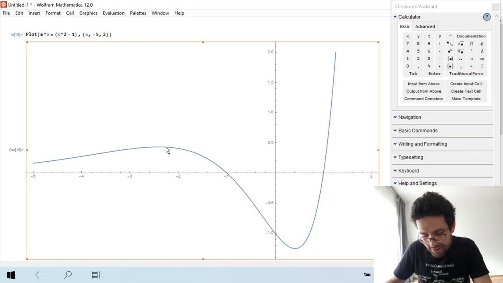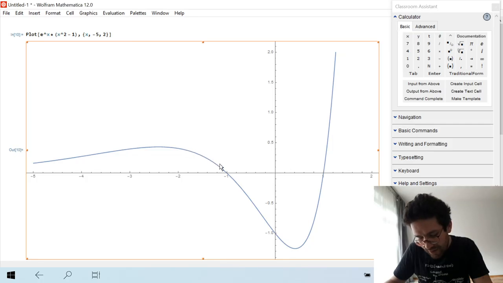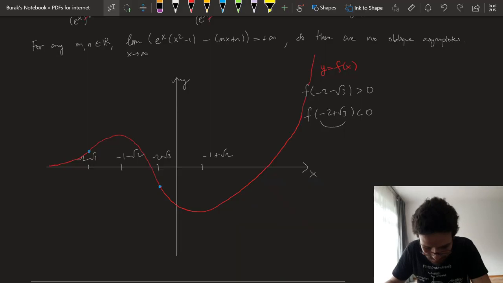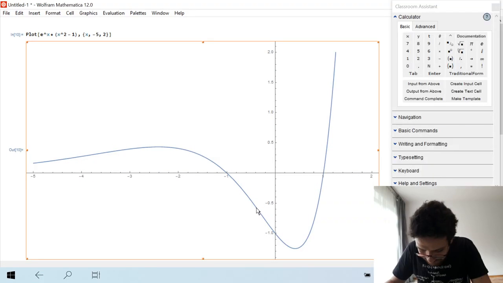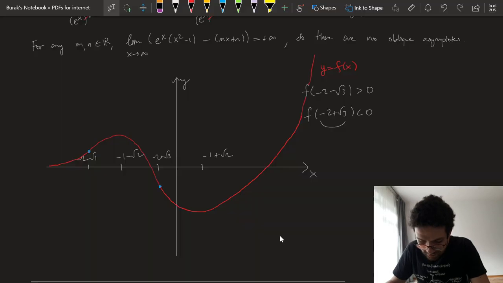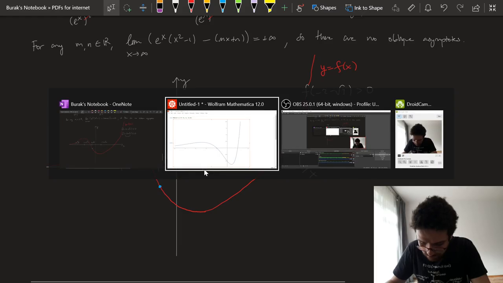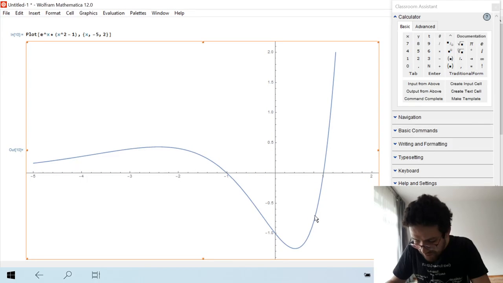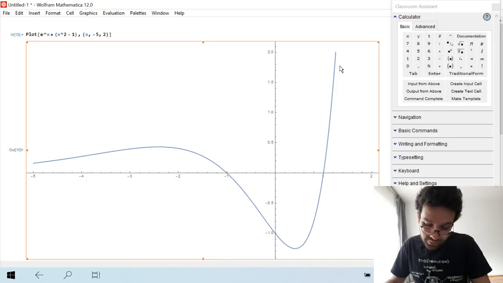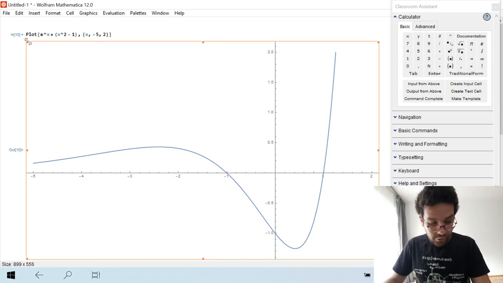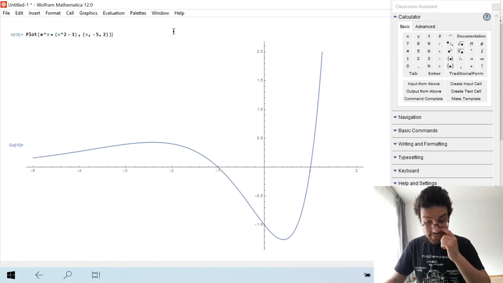There's a local max, and afterwards it starts decreasing in a concave down way. And somewhere over here, which the exact point is -2 plus √3, it becomes concave up. It still decreases, and there's a local min here at the point -1 plus √2, and afterwards it's increasing in a concave up way. Okay, and this is the graph of this function.